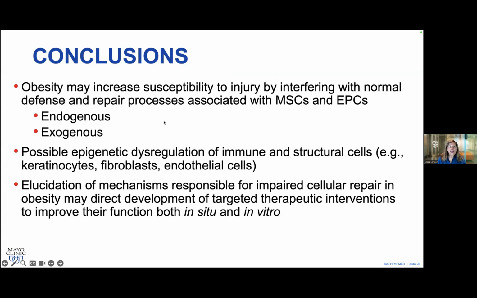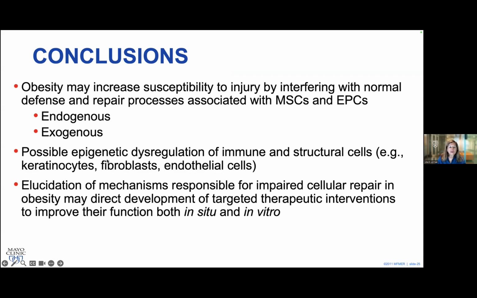This may have implications for endogenous repair processes because these cells repair endogenous systems such as parenchymal cells as well as vascular cells. And this may also affect the ability of using both MSCs and EPCs for exogenous repair when we want to use them for cell-based therapy to regress and reverse some of the effects of obesity or other diseases.